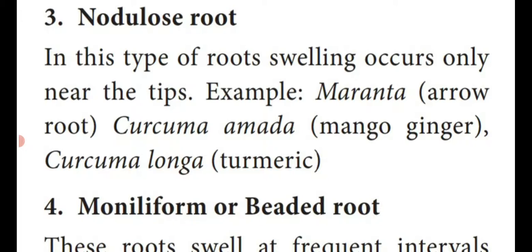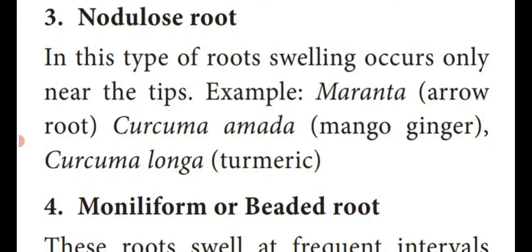Example, maranta. In maranta, the shape of the root looks like an arrow. That means a long straight line with the arrow mark at the tip only, isn't it? So likewise, at the tip of the root only, storing the food material and swelling. That is known as nodulous root.